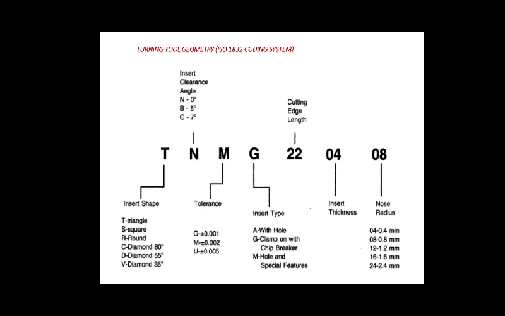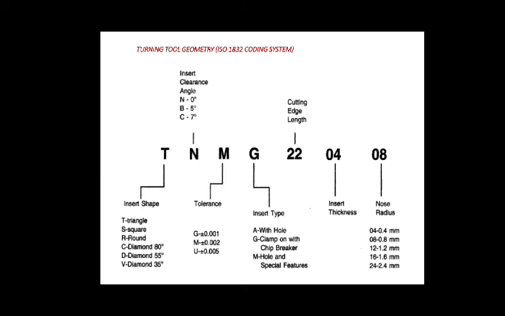And the fifth number shows the cutting edge length of that turning tool, and the second last number indicates the insert's thickness. And the last number designates the nose radius of that insert or tool.